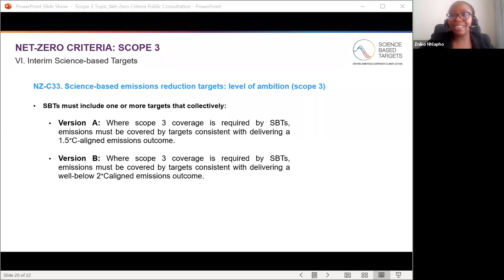Version A does incentivize greater near-term ambition, but potentially inhibits the adoption of the standard among companies, given the challenging nature of Scope 3 emissions management.